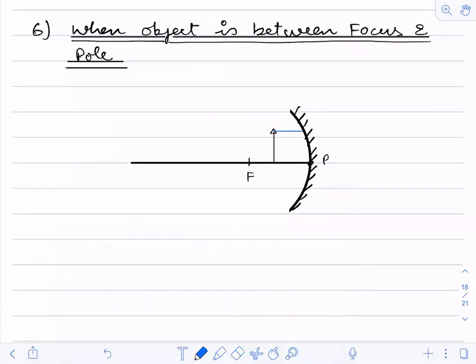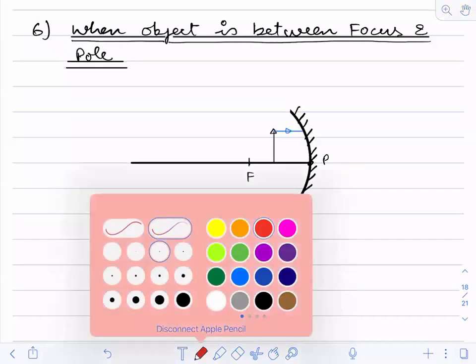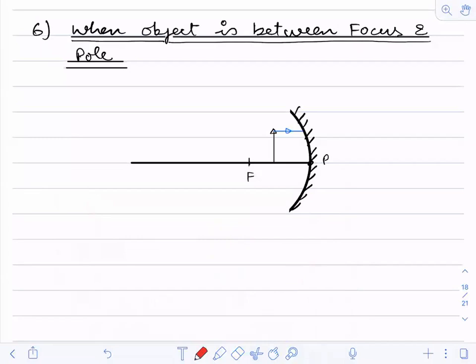This is the parallel ray, and this parallel ray will pass through the focus like this. Now another ray I will take, which is getting incident at the pole. After reflection it will make an angle like this.